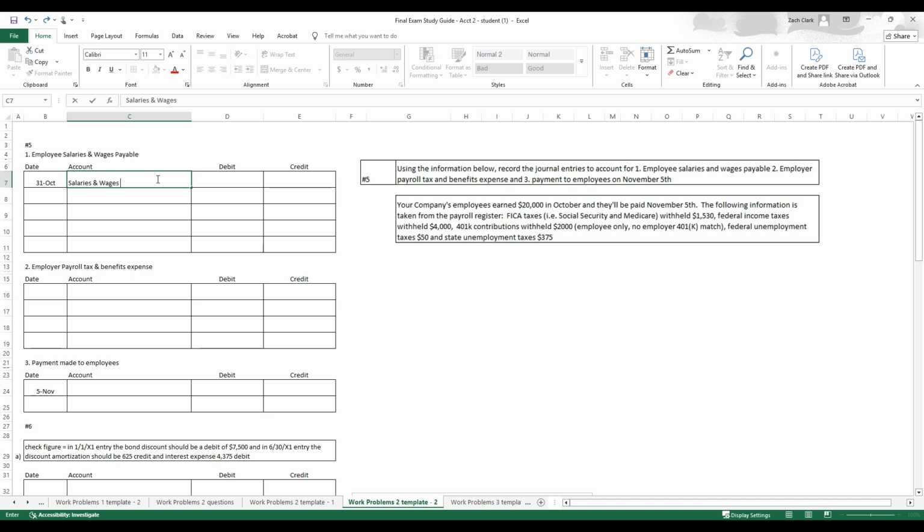All right, so I'm going to say salaries and wages expense. It tells us the employees earned $20,000, or the business incurred $20,000 of wage expense. And then here's the breakdown. FICA taxes withheld are $1,530. Remember that FICA taxes are paid both by the employee and by the employer.